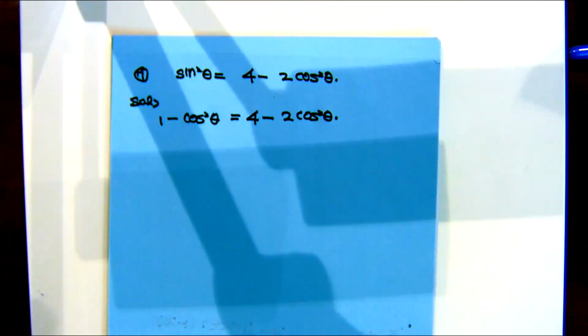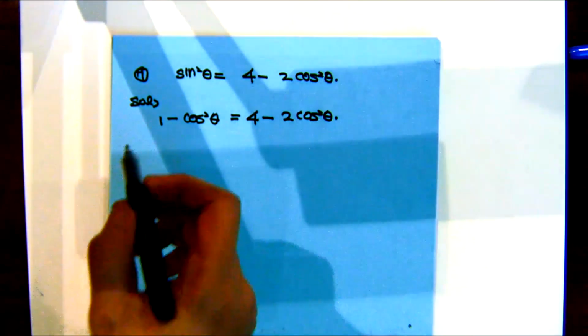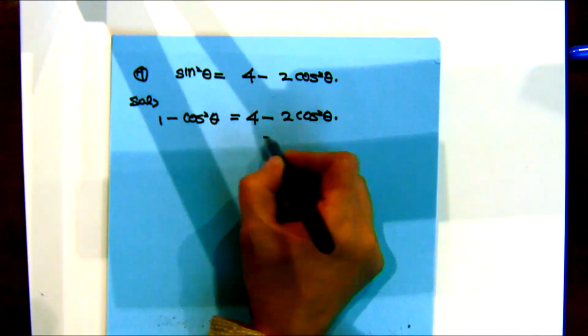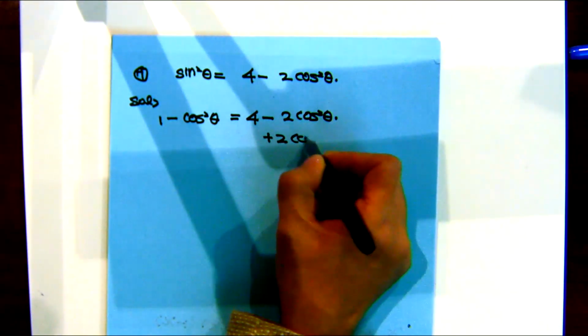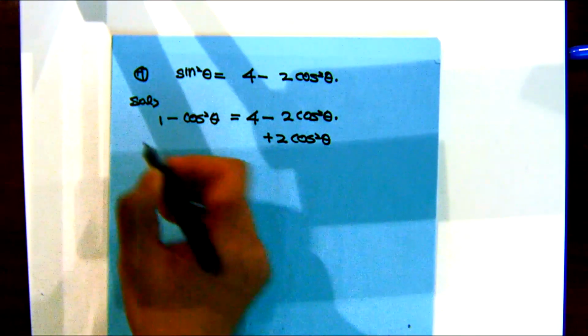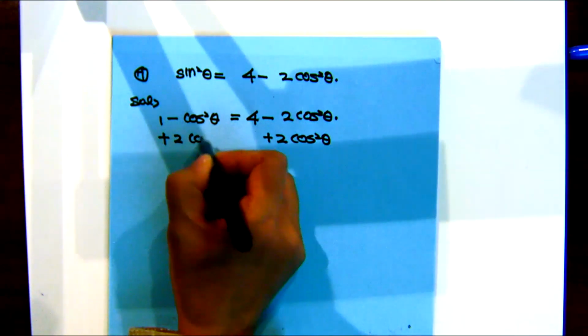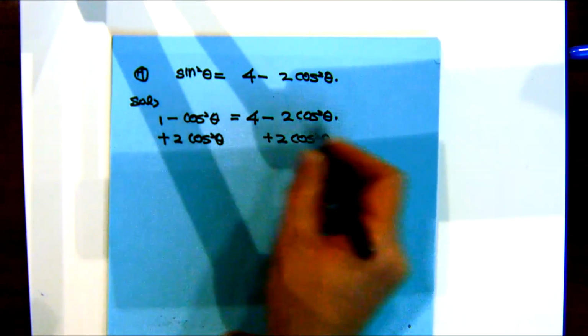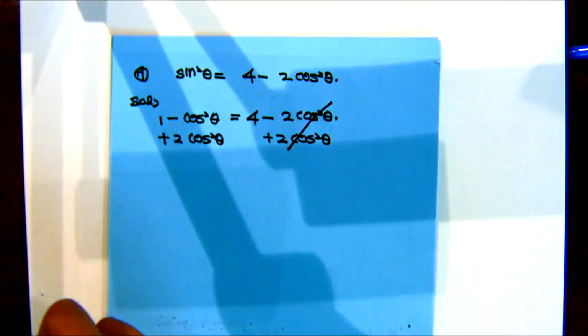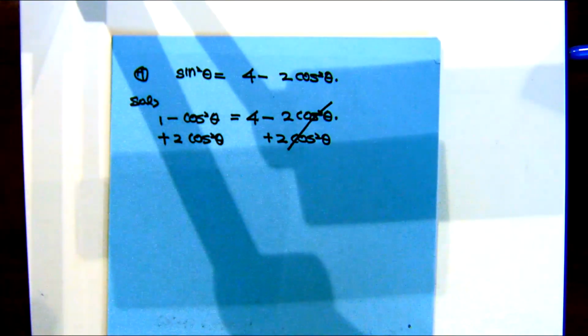So I want to isolate cosine squared. So I would add 2 cosine squared theta on both sides. Then this one will be gone.